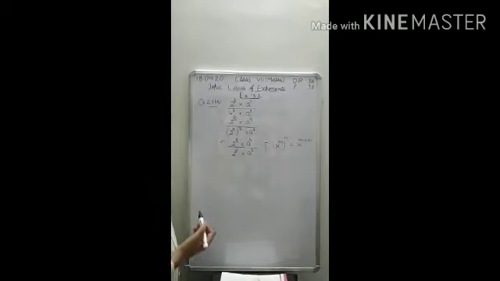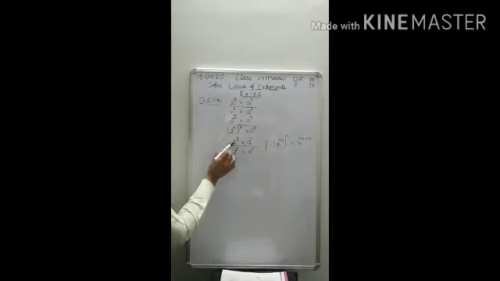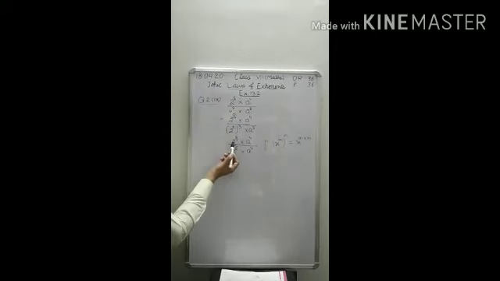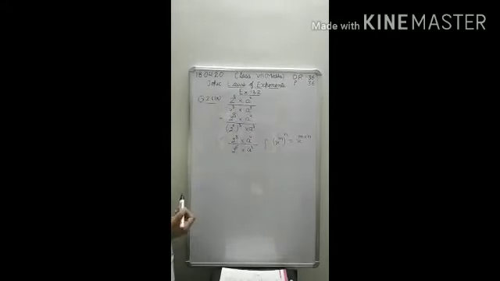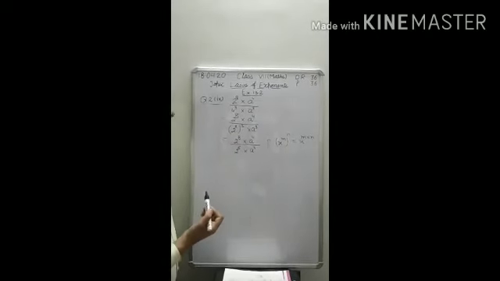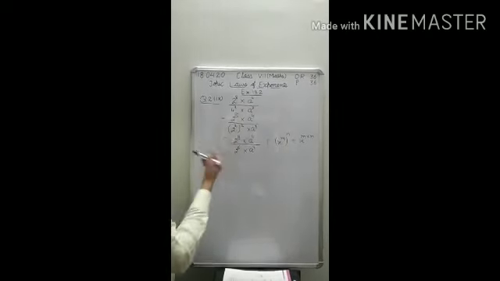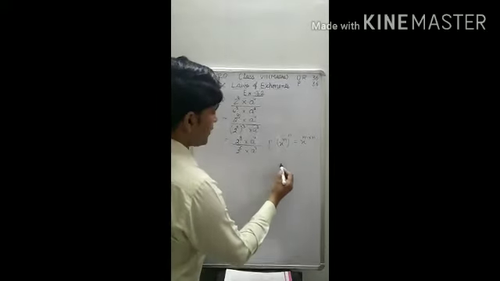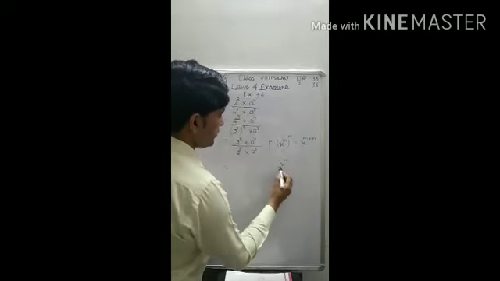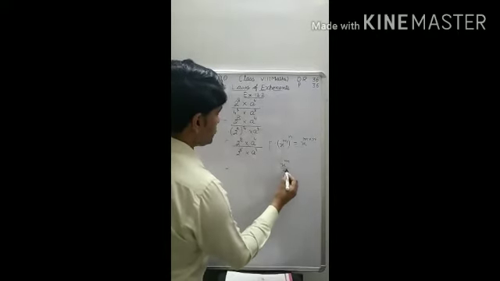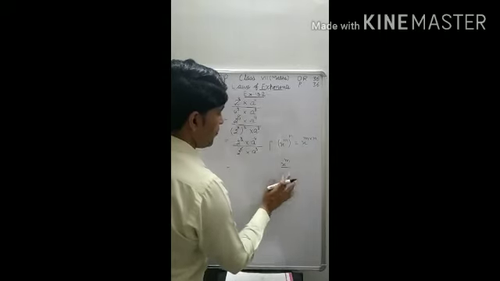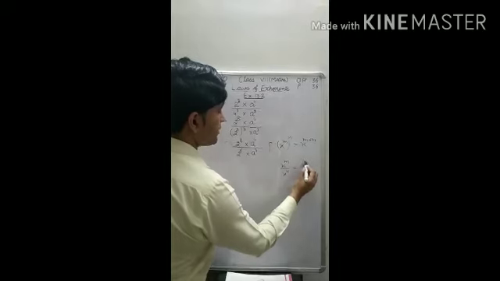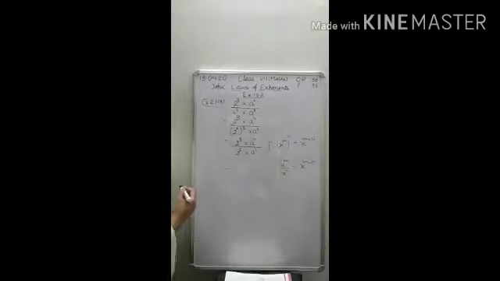Now we will move further. Here you see 2 raised to the power 8 upon 2 raised to the power 6. Here the bases are the same but the powers are different, so we have to use a law to solve it. The law is x raised to the power m upon x raised to the power n is equal to x raised to the power m minus n.